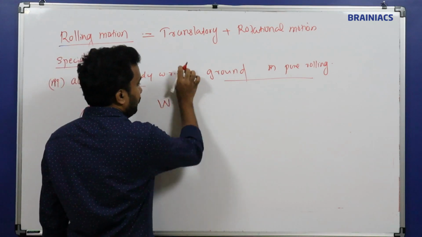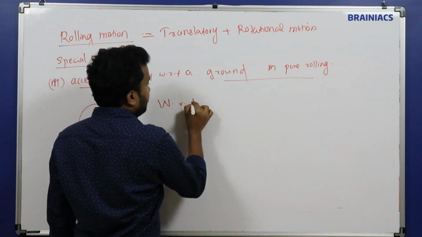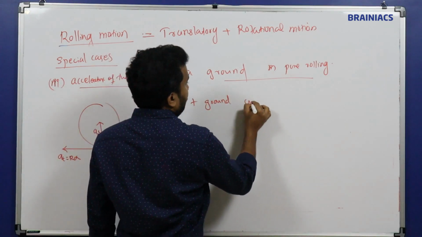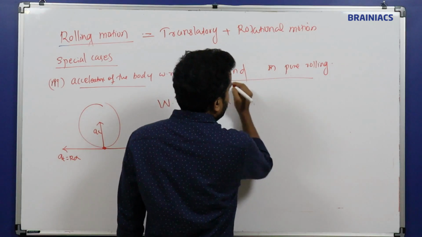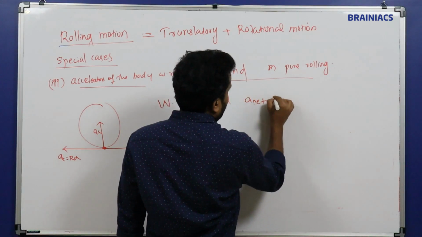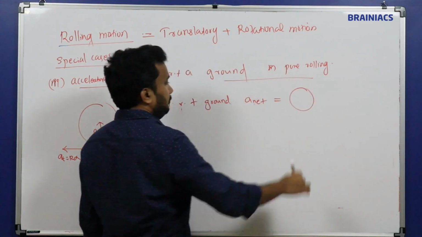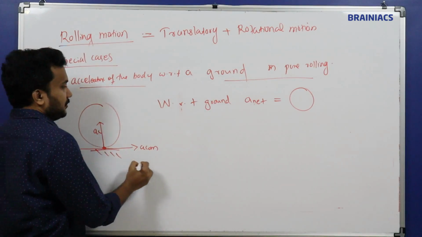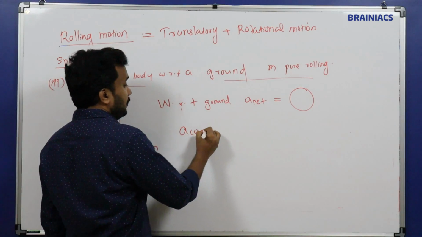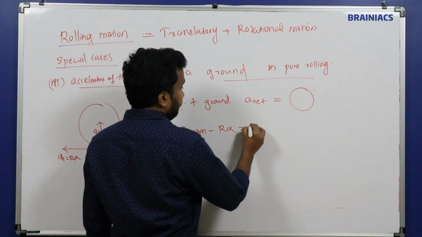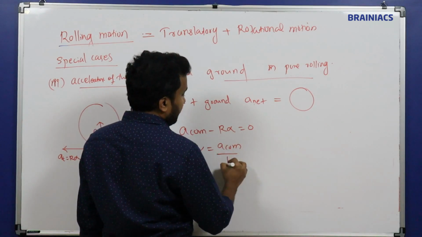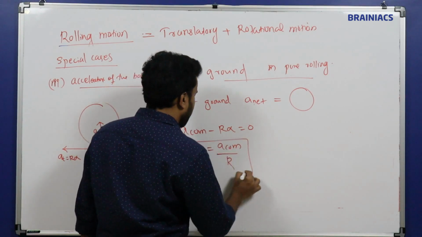With respect to ground, what we require is the net acceleration equal to 0. We know the ground is already at velocity 0, acceleration 0. So acom minus R alpha is equal to 0. Alpha is equal to acom divided by R. Important.